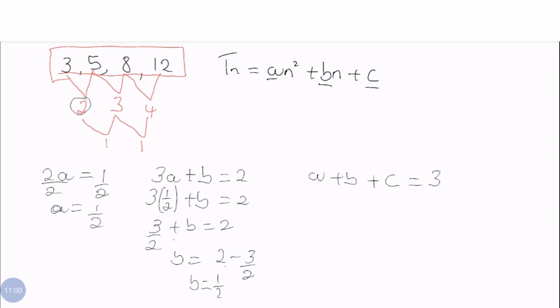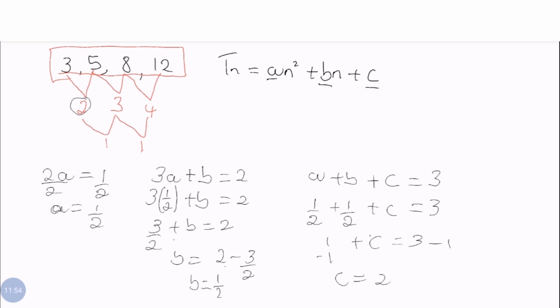We will substitute with the values. a is 1 over 2, b is 1 over 2 as well, plus c equal to 3. 1 over 2 plus 1 over 2, that is 1, plus c equal to 3. So in order to get the value of c, we'll subtract 1 here as well, such that c is equal to 2.